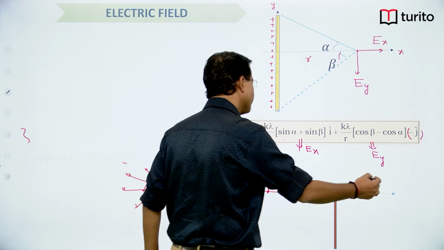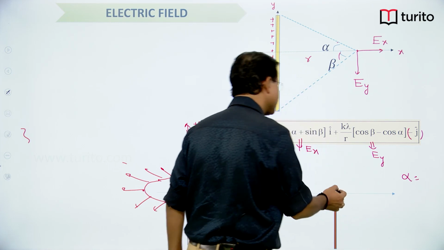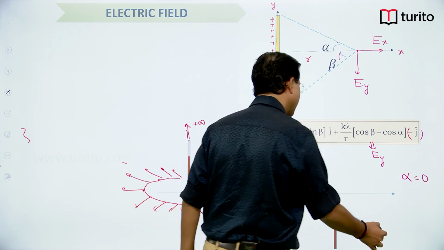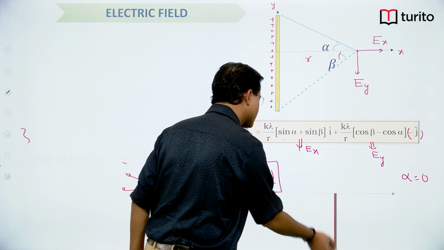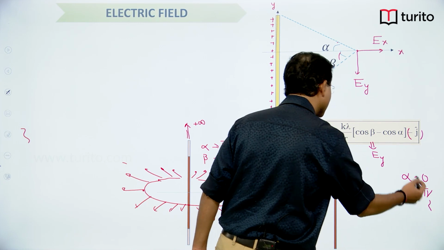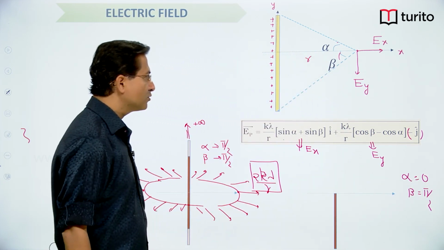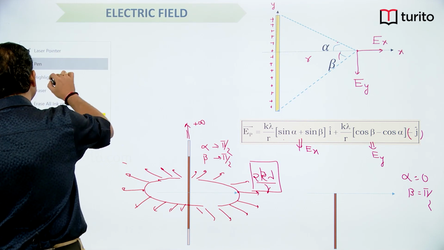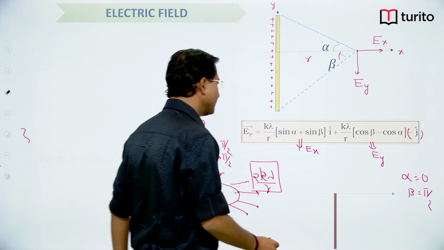This angle alpha, as there is no part on this side, alpha will be 0. As this goes till infinity in this direction, beta will be pi by 2. So if I substitute alpha equal to 0 and beta equal to pi by 2.